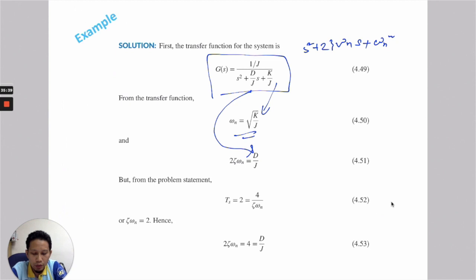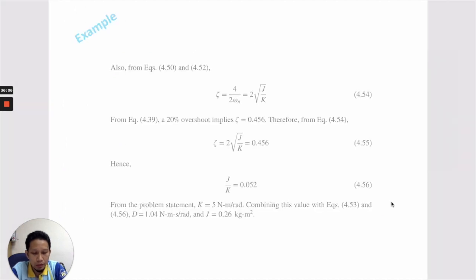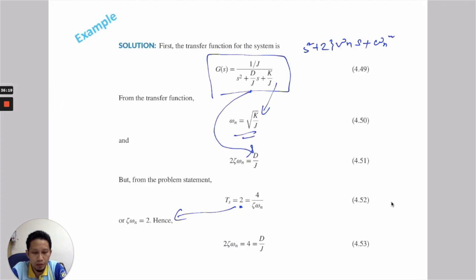So we have 2 equals 4 over zeta omega n, or we can say zeta omega n equals 2. We can compare the value: 2 zeta omega n equals 4 equals D over J. What's next is that we can also compare the value of zeta to the value from equations 4.50 and 4.52 in this slide.